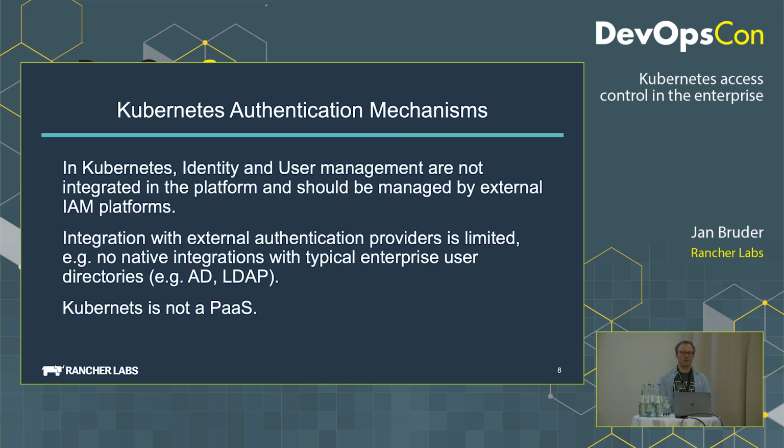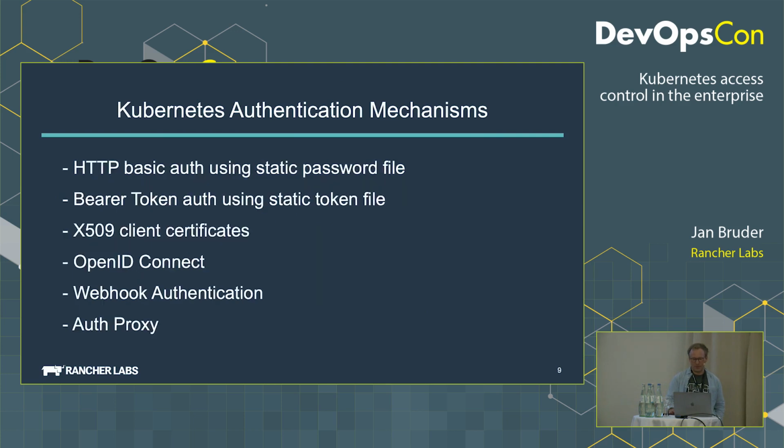So some of the typical integrations that you will find in a PaaS system, maybe like integration with LDAP or Active Directory for authentication, they do not exist in Kubernetes. And Kubernetes itself also does not have user management. So if you look in the Kubernetes API, there is no actual user resource. So what then are the integrations that Kubernetes offers?